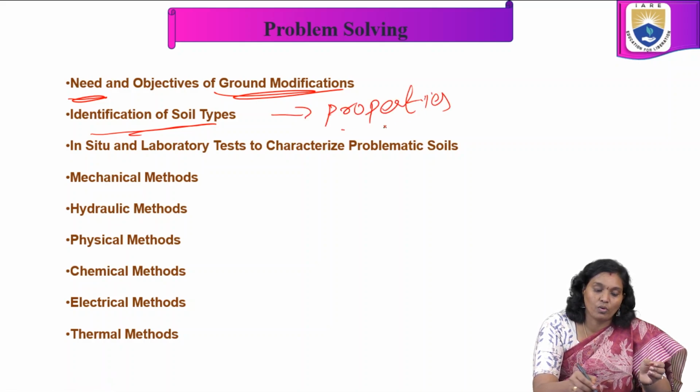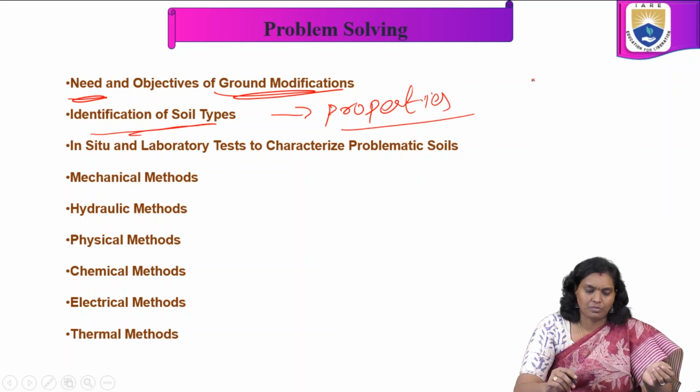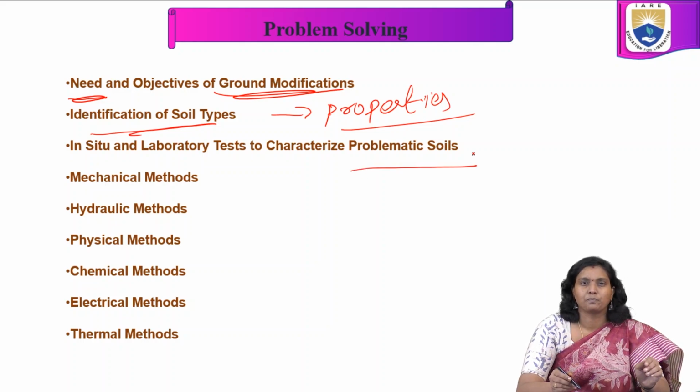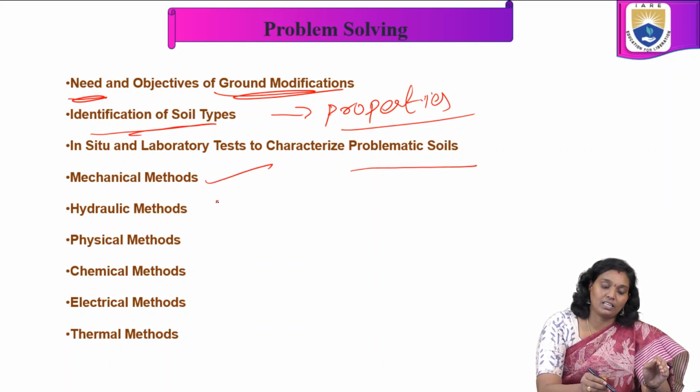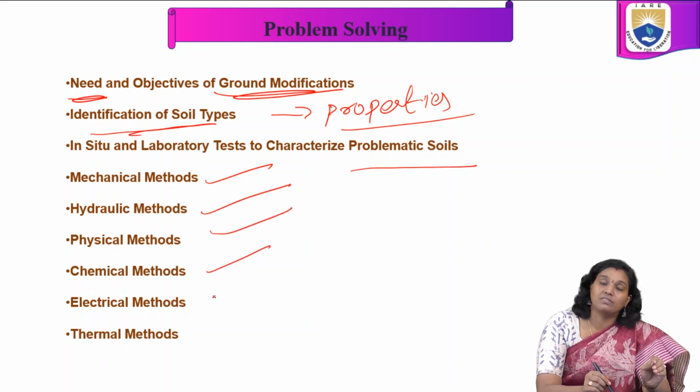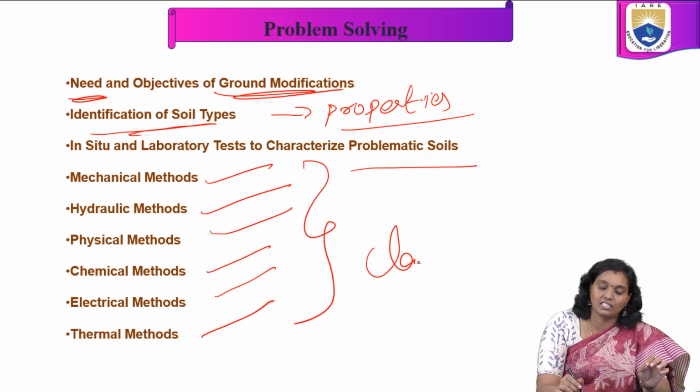Like this we are going to identify the soil types, and see how we identify them using these properties based on the test. According to the laboratory and in situ tests, we are going to categorize the problematic soils. In these we have mechanical methods, hydraulic methods, chemical methods, electrical methods, physical methods, thermal methods, these various classifications we are going to understand.